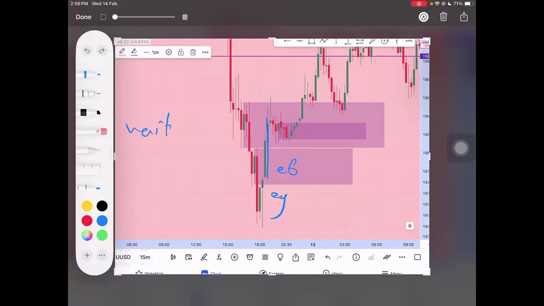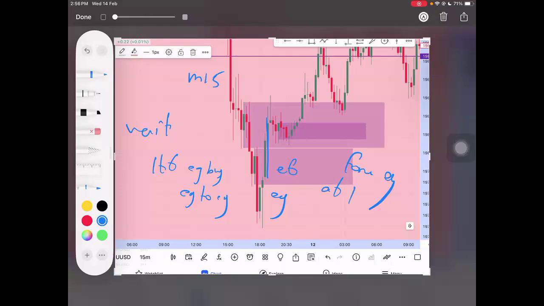Because CMP, when the lower time frame gives you EG buy or EG to EG, the higher time frame will form EG at H1. Let's say this one is M15, so H1 EG will form.